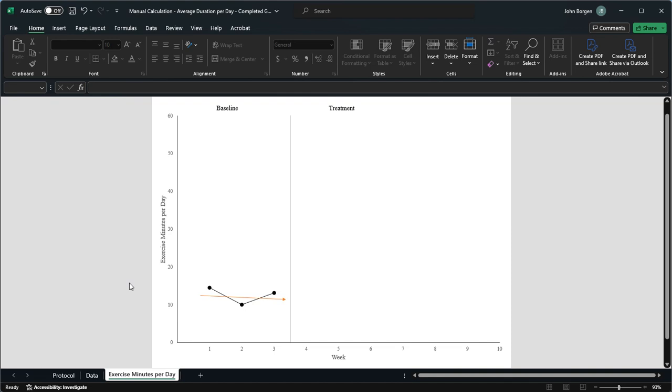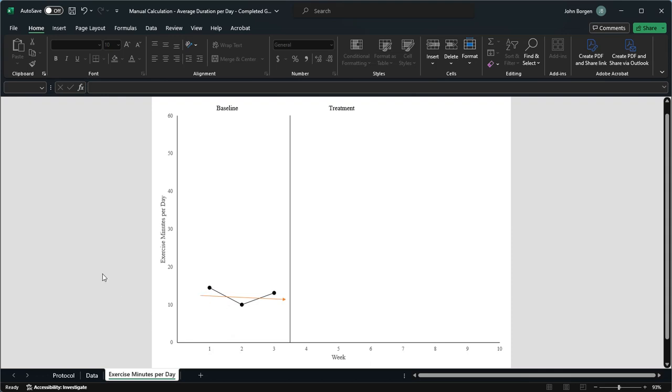Here, we have more or less a stable trend. It's going basically parallel to the x-axis, straight and to the right. The data are of low variability. They're not jumping up and down a whole bunch.